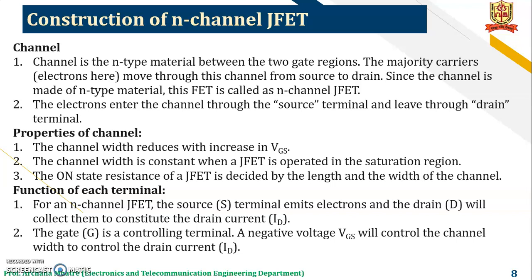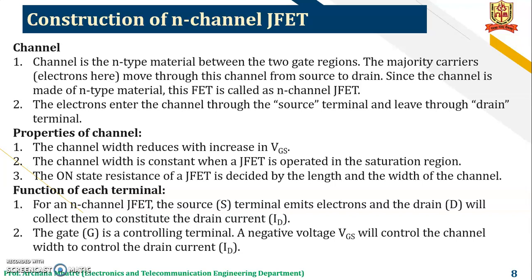The property of a channel is that the channel width reduces with increasing VGS, that is the voltage between gate and source. The channel width is constant when the JFET is operated in the saturation region. The on-state resistance of a JFET is decided by the length and the width of the channel.